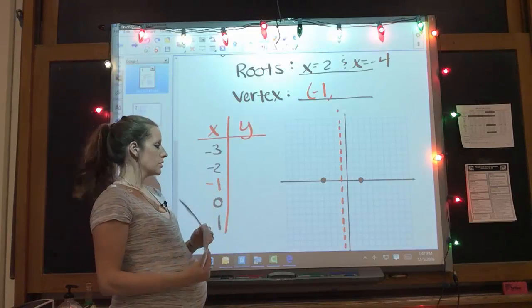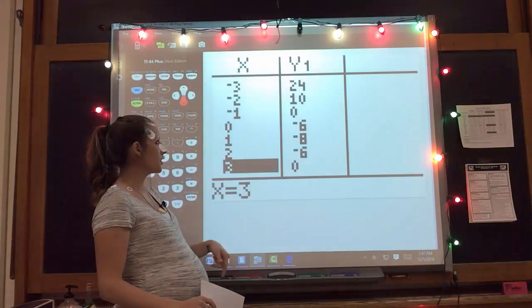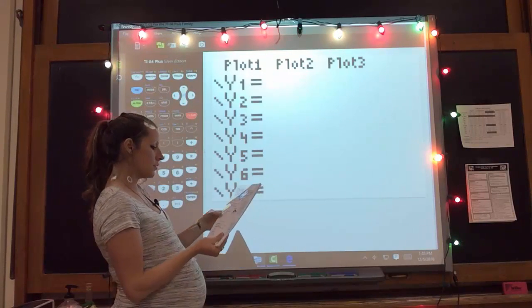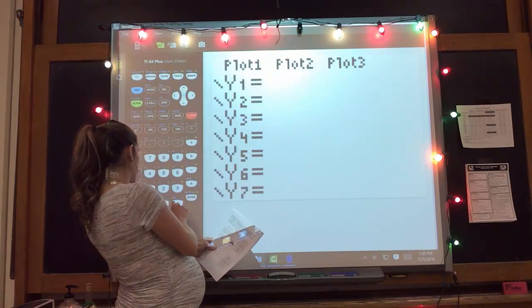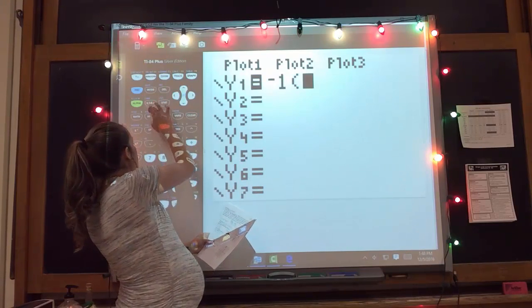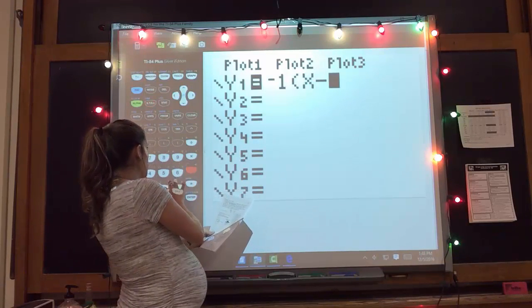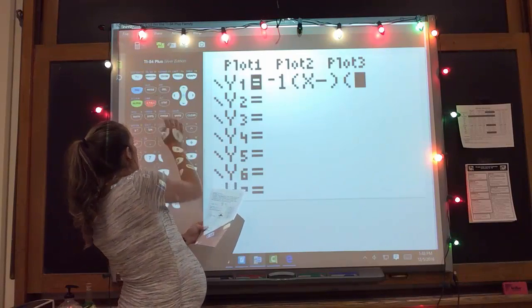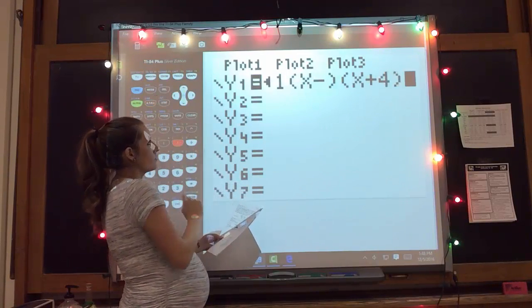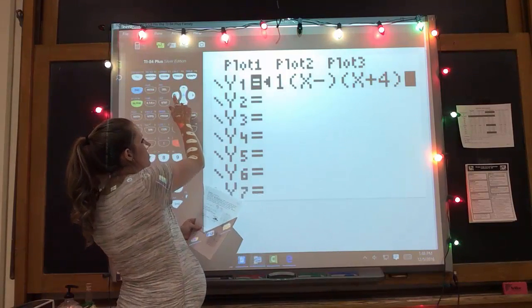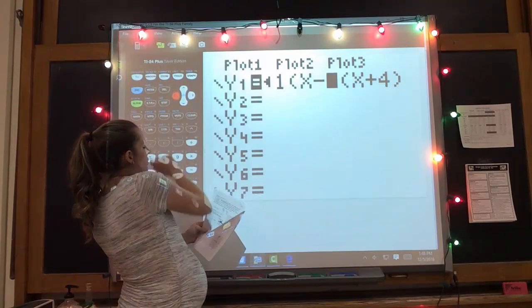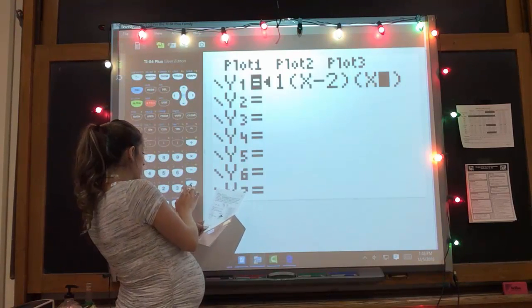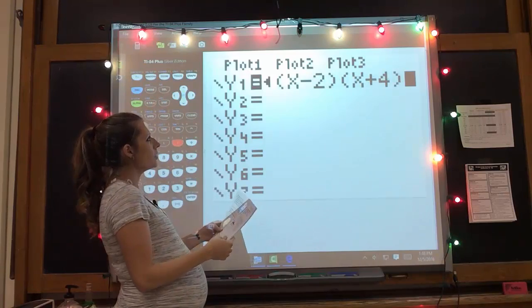All right, so go to your table, go to your graph, or your calculator. Y equals, we're going to change it to our new equation, negative 1, x minus 2, and x plus 4. Once you have your equation in y equals, go to your table.